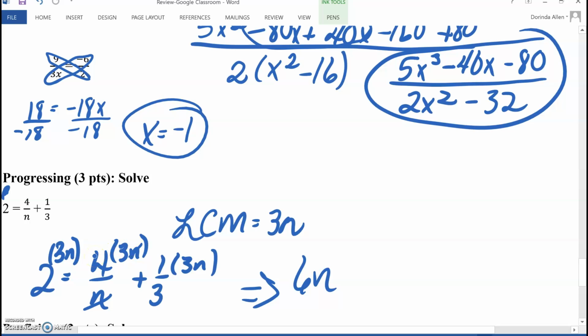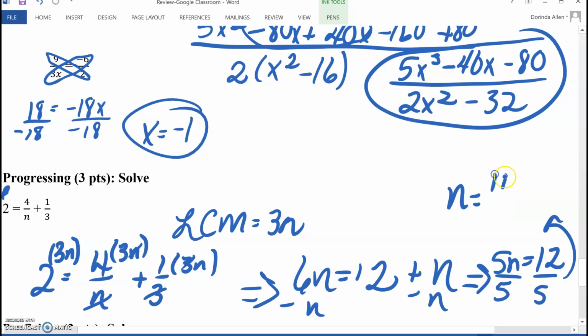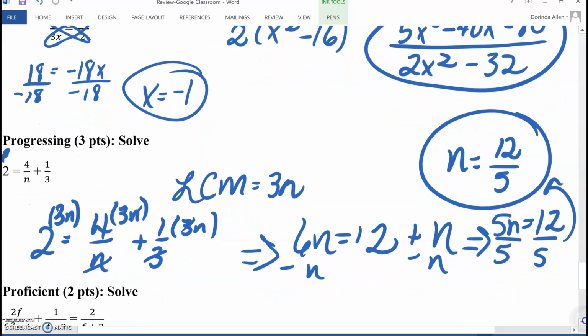So 3 times 4 is 12. And this 3 should cancel plus n. Subtract my n over, and I get 5n equals 12, and then divide by 5. n equals 12/5, or you can divide that out. All right, keep moving so we don't run out of time here.